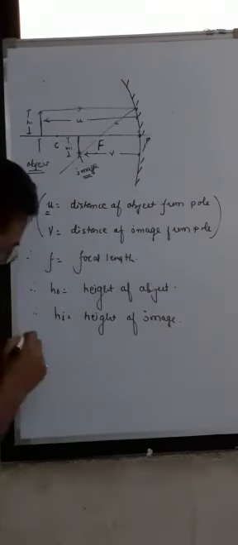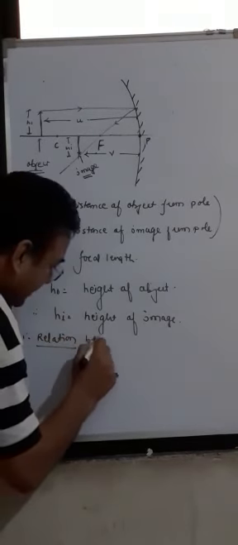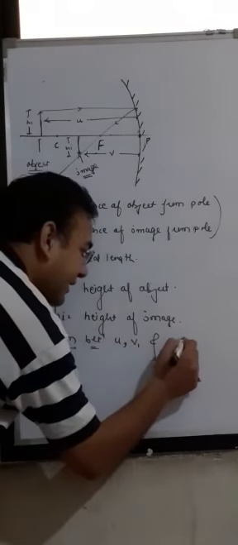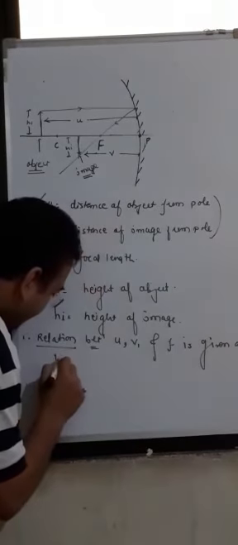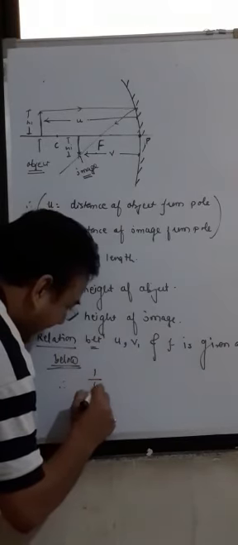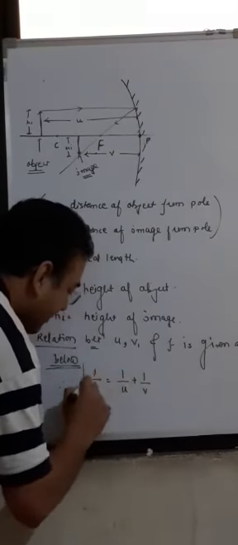And the relation between u, v and f is given as below. 1 upon f is equal to 1 upon u plus 1 upon v.